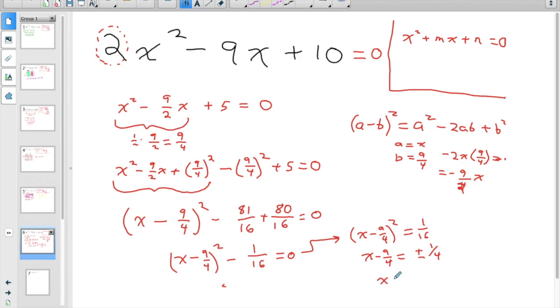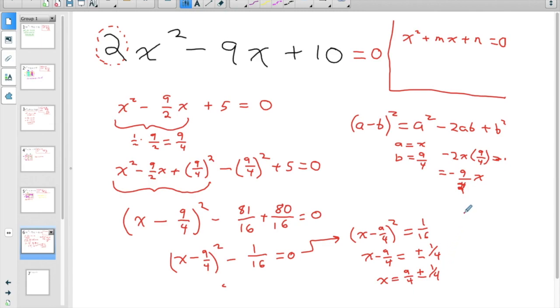So x equals 9/4 plus or minus 1/4, which we can write out as our two solutions, depending on how simplified they want the solution.